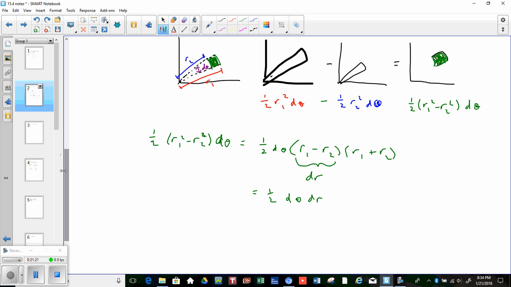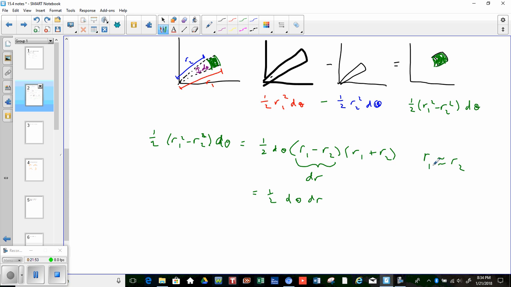Okay, so just like everything else with calculus, if you think back to the BC stuff, remember that we're trying to let these two things get so infinitely close to each other that they're basically the same without actually being the same. What we can really say is that r1 is approximately equal to r2 because they're getting super close to each other. And if that's the case, it doesn't really matter which one we use.